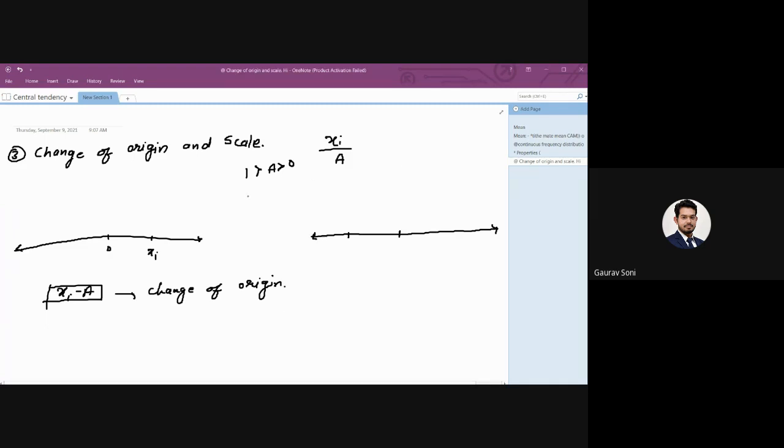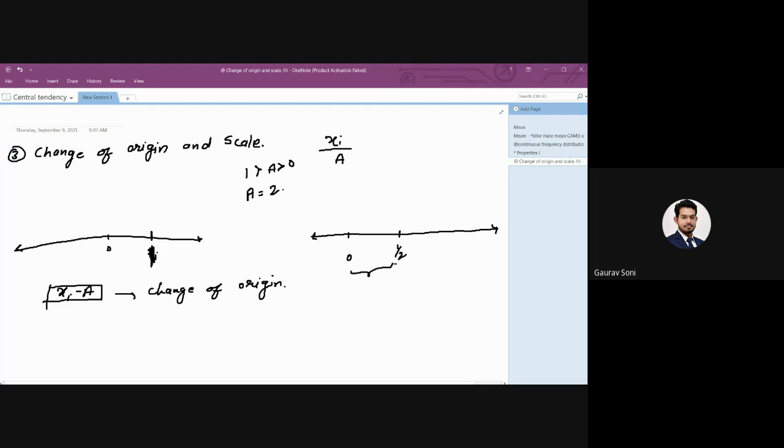So for example, let's take a as 2. The point 1 here, if I divide each and every point by 2, that 1 will become 1 by 2. So the distance between 0 and that point decreases.